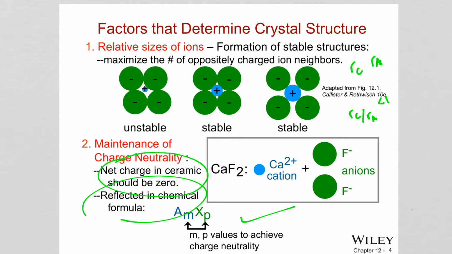Each cation, the positively charged ion, will prefer to have as many nearest neighbor anions as possible. And the anions also desire a maximum number of cation nearest neighbors, because this packing makes the structure more stable.